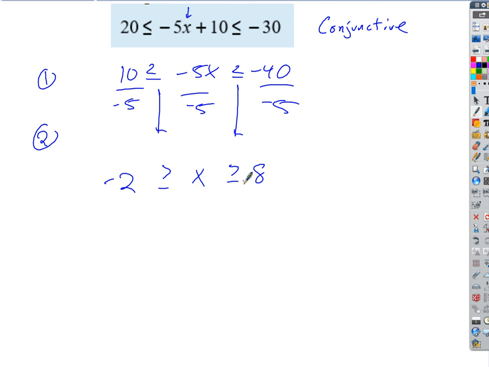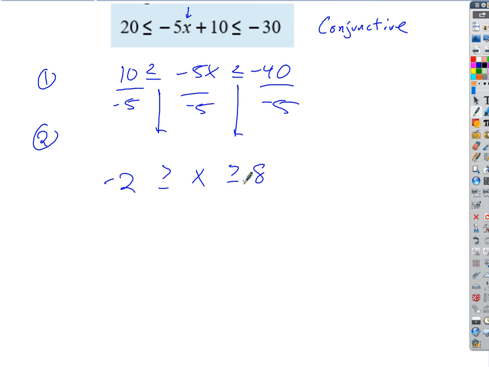Okay, but here's what Kendra was asking about, and this is good. That is not the way we want to leave this thing. We always want to write it like it would be on a number line. So we want to write it with the smallest things on the left, so we got a less than or equal to there, and a less than or equal to there, right? Imagine I've written this on a glass slide, and then I take the glass slide and flip it around.